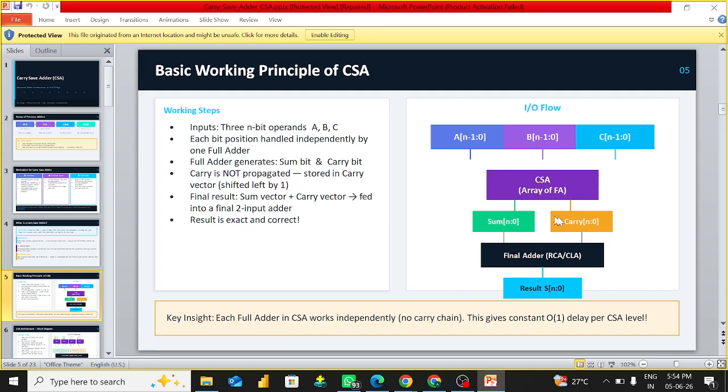One is the sum bit and another is the carry bit. That is what we formally understand about the carry save adder, right? It is going to generate two bits: the sum bit and the carry bit.